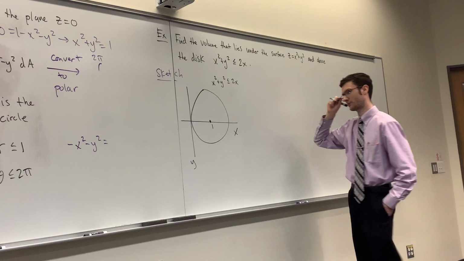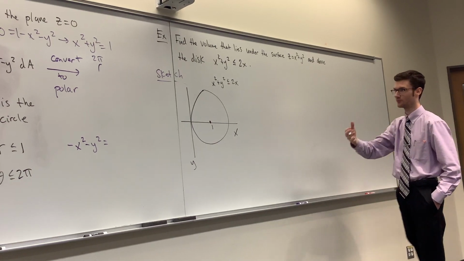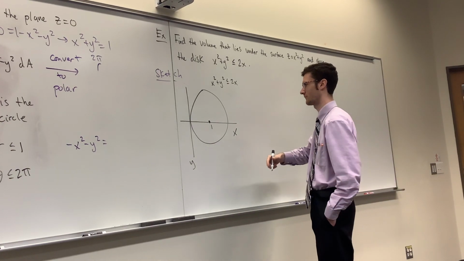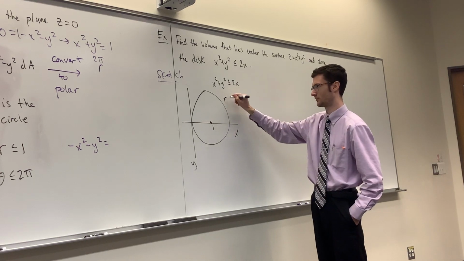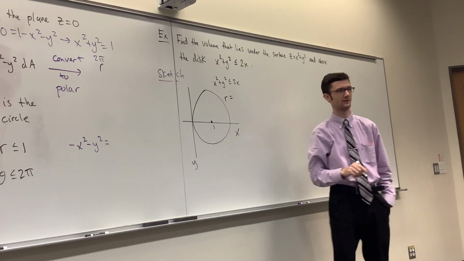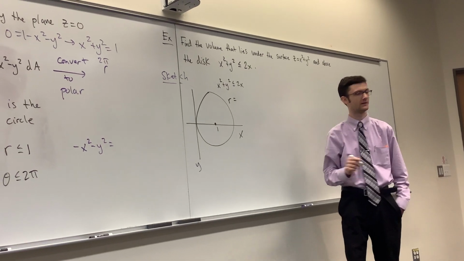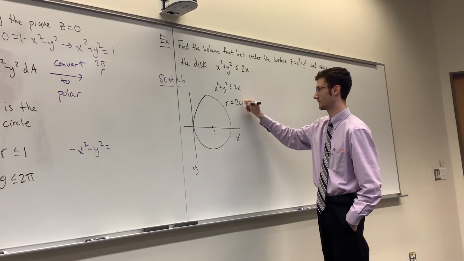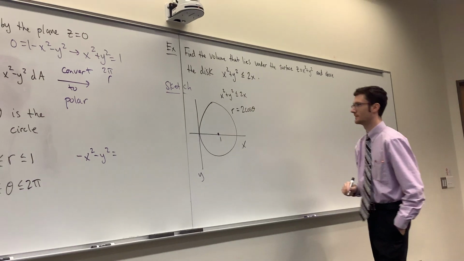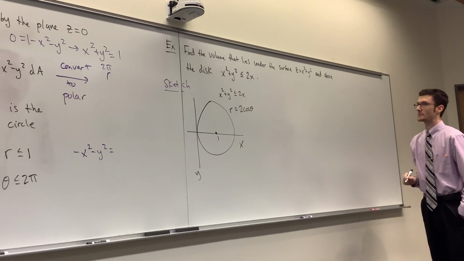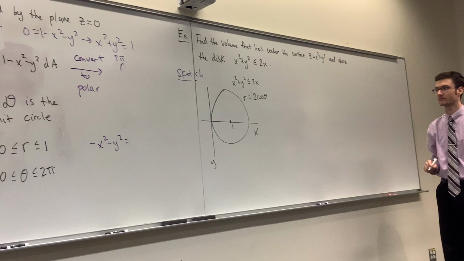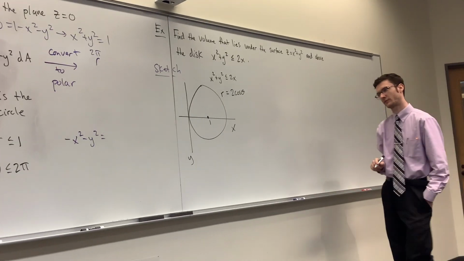So we talked about this yesterday, in the start of the notes on polar coordinates. This circle has the polar equation r equals 2 cosine theta. Let's get this out of the way now.